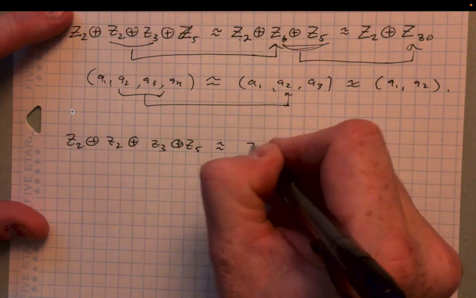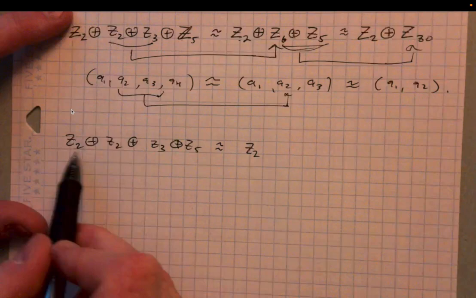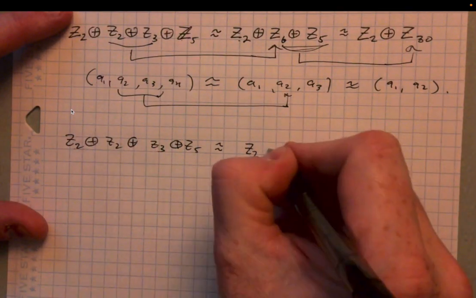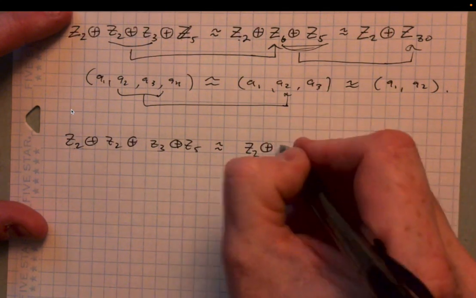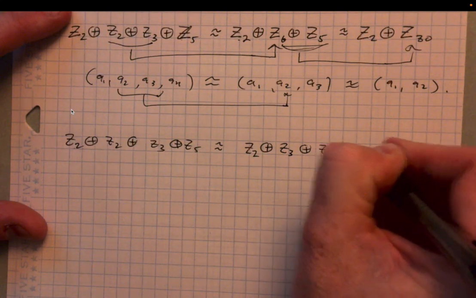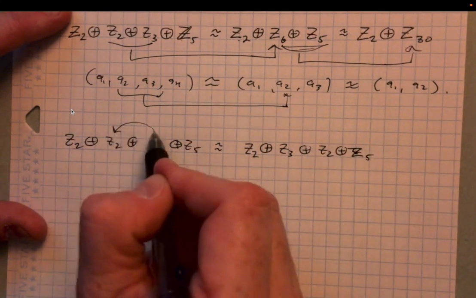I could go Z2. So the Z2 and the Z2 next to each other would be problematic because they are not relatively prime. But if I wanted to combine these 2 and these 2, I could change the order and write Z2, Z3, Z2, Z5. So I just took these 2 and interchanged them.